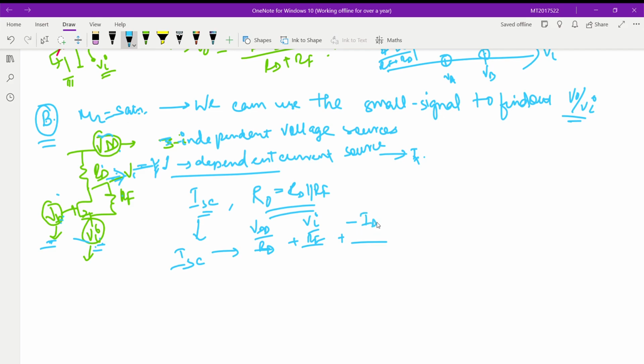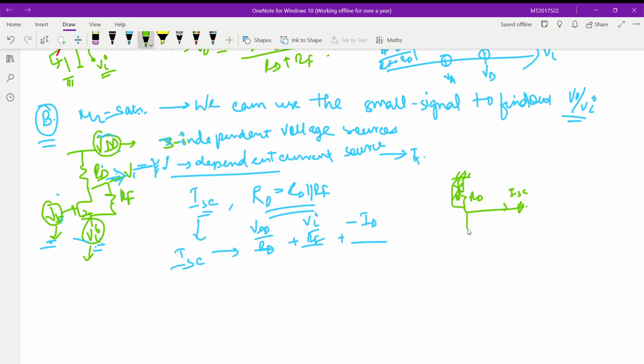Let me explain this a little bit more. For the third term where only VB is active, the circuit will be like this: RD, there is ISC, both of the potentials are 0, so there is no current through RD. So it is out of the question.